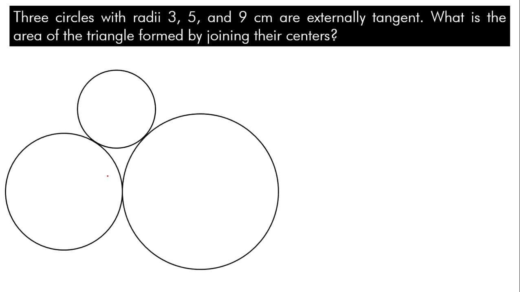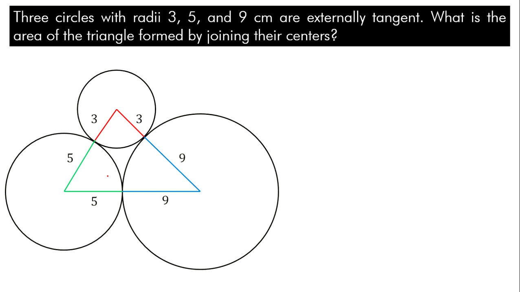So let's say we have here the smallest circle with radius 3. And then for the next one with a radius of 5. And then the last one, the largest among the three, with the radius of 9.